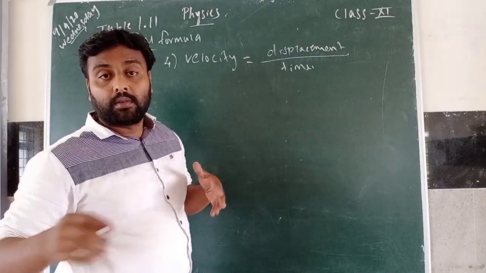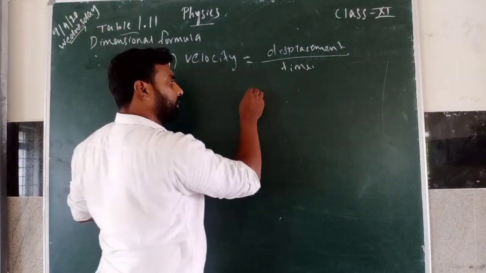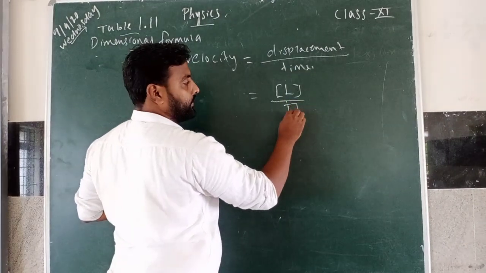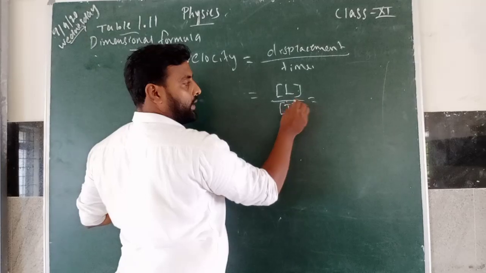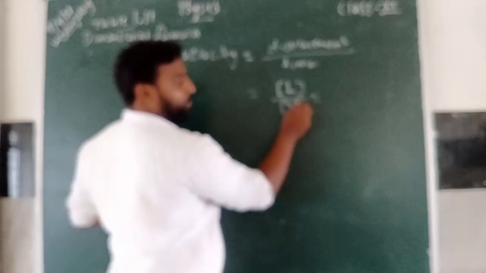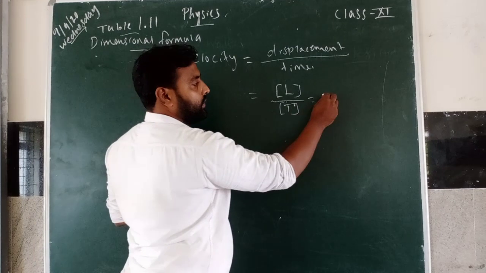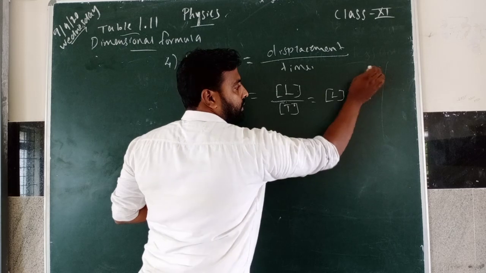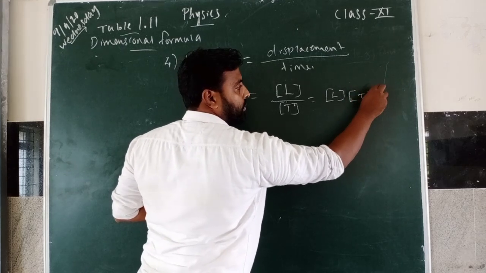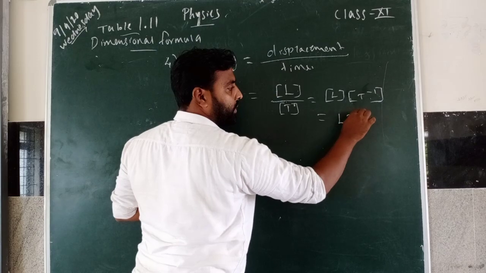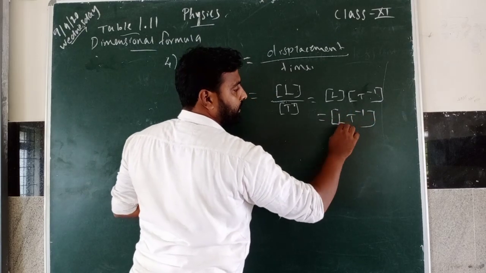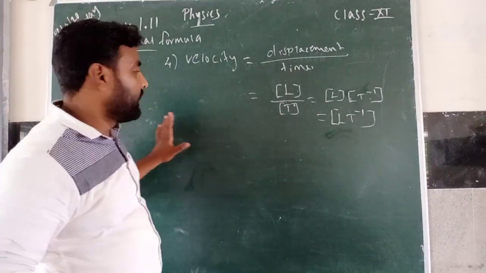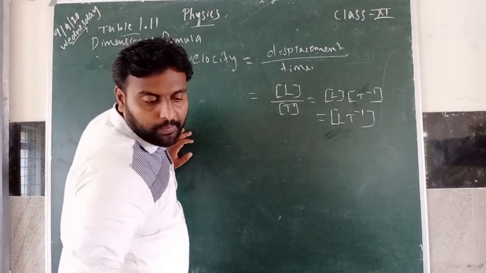Displacement means length, so L. Time is T. So L divided by T power 1. Take this upside, L T power minus 1. We write this in a single bracket.